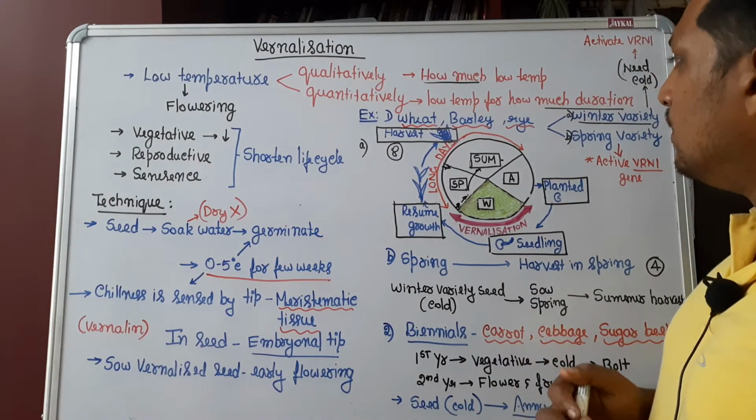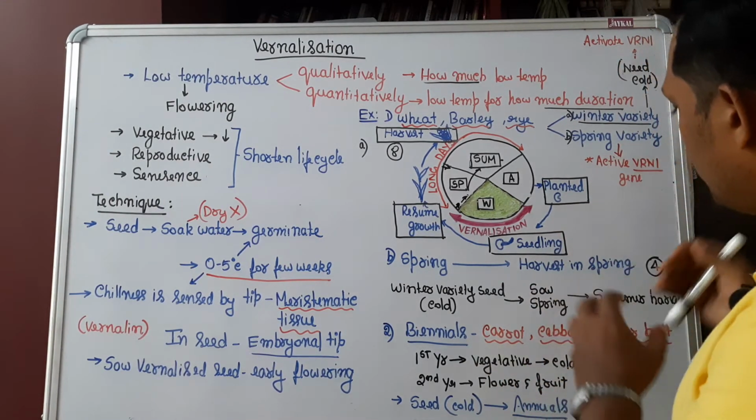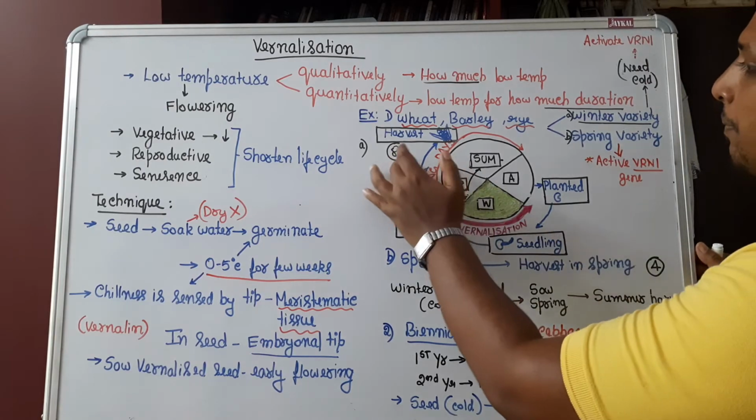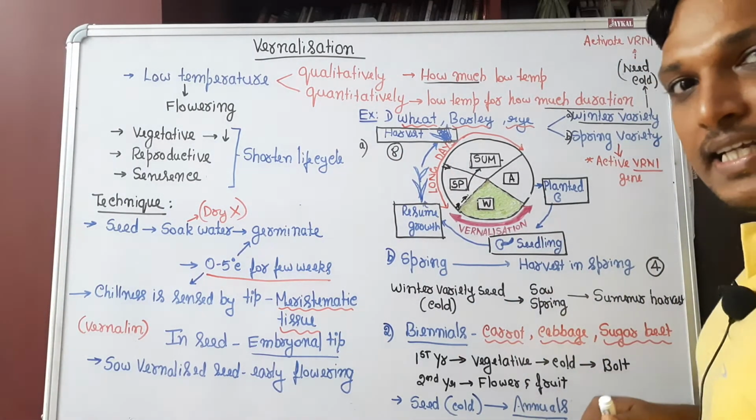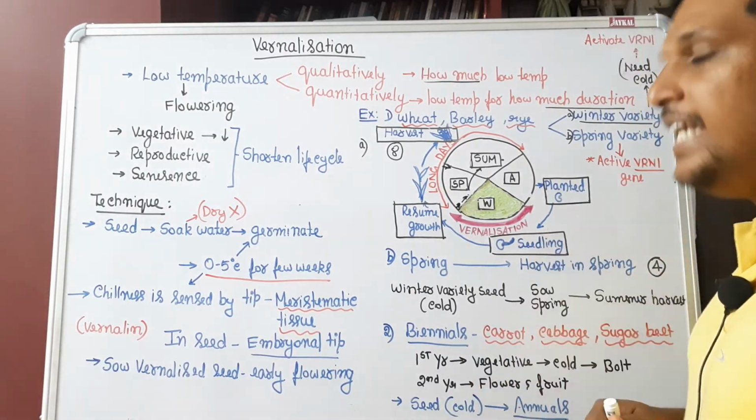Students often ask, if spring varieties are grown in 4 months, why do people go for a winter variety which takes 8 months? It is because of the yield.